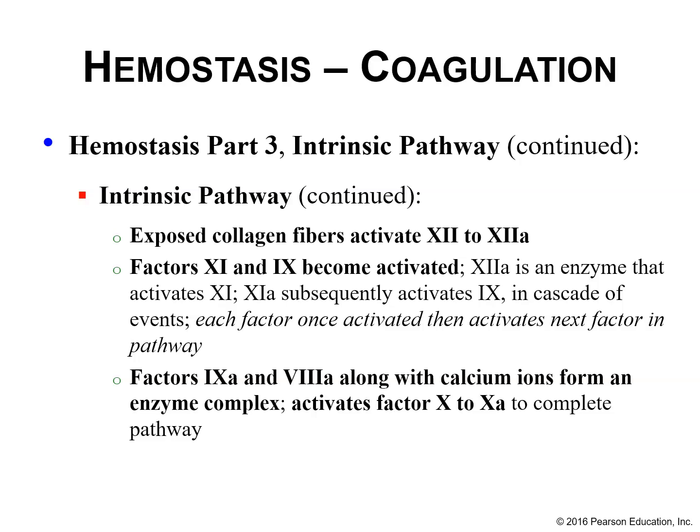So 12A is an enzyme that activates 11. 11A then activates 9, and it forms this coagulation cascade where each factor, once activated, then activates the next factor in the pathway. Factors 9A and 8A plus calcium form an enzyme complex that activates factor 10 to active 10, 10A, and that completes the pathway. It's called the intrinsic pathway because it occurs within the blood.